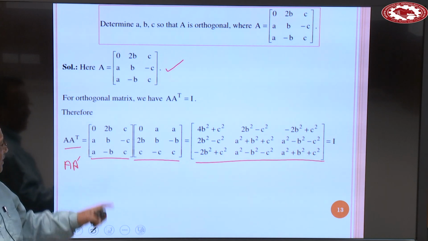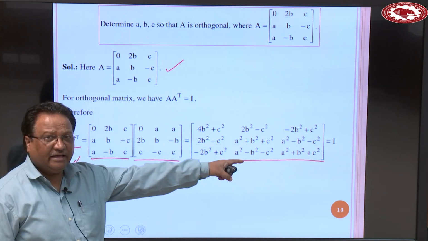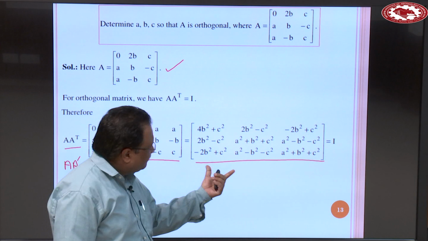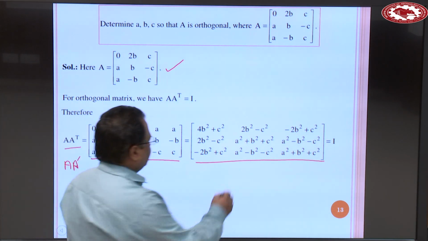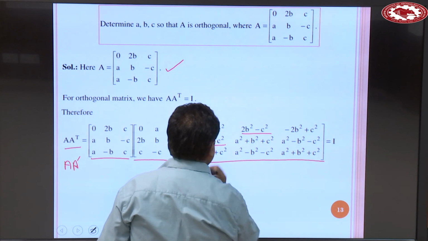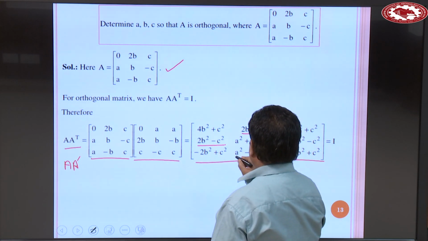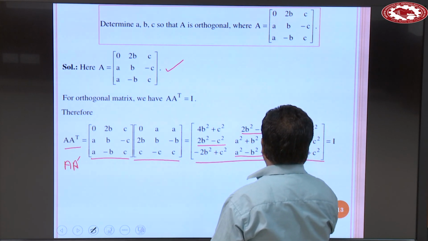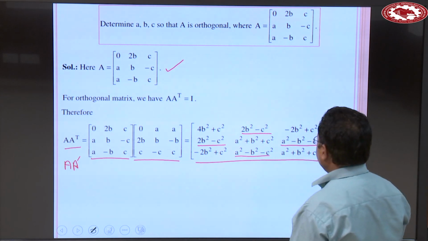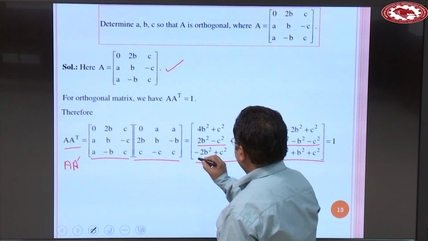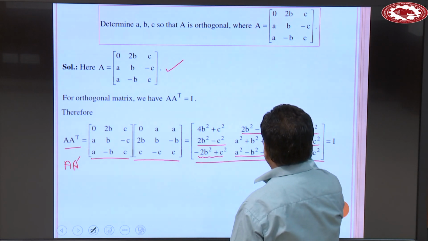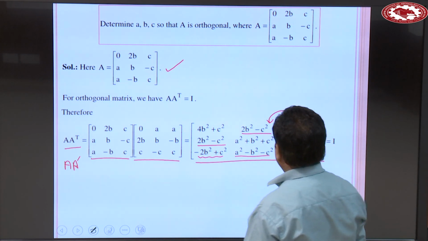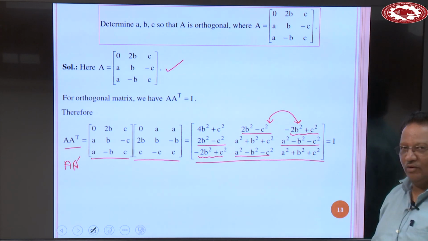A A dash is equal to I, and this is only possible if this matrix becomes the unit matrix. So check this one and this one, same, and these two results are basically equal.